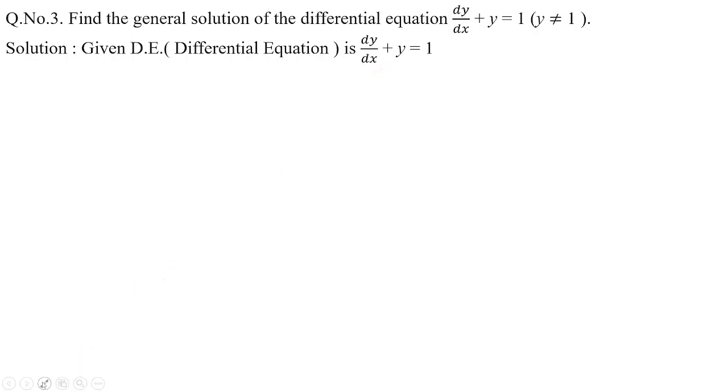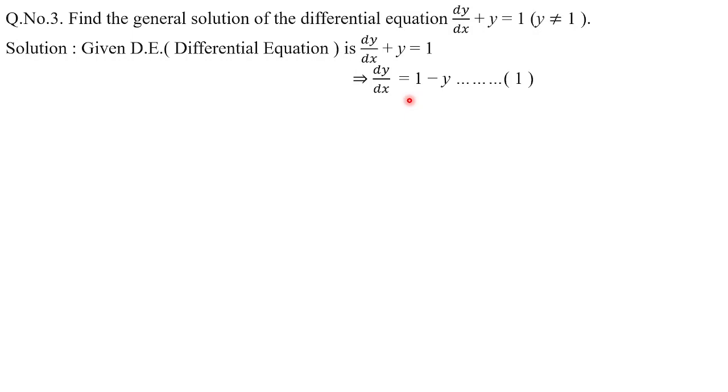So first we transpose plus y to the RHS. This implies dy by dx is equal to 1 minus y. Now this differential equation is converted into the variables separable form. How do you separate the variables?